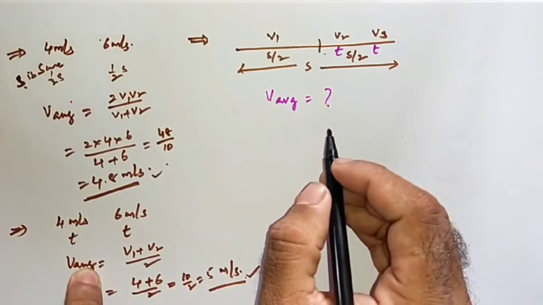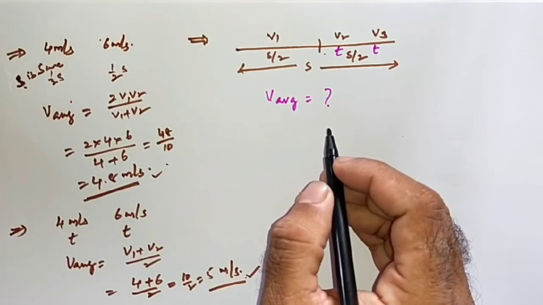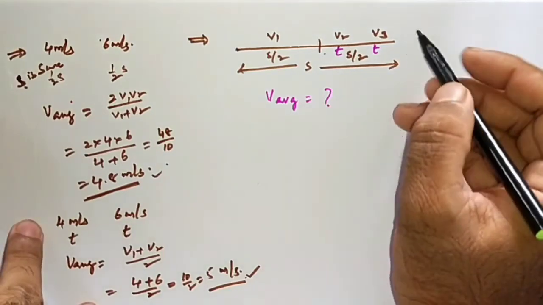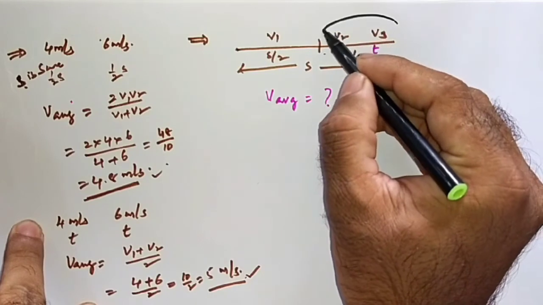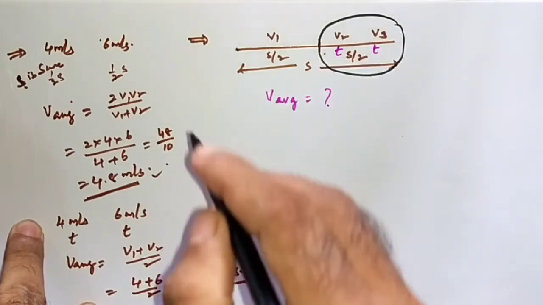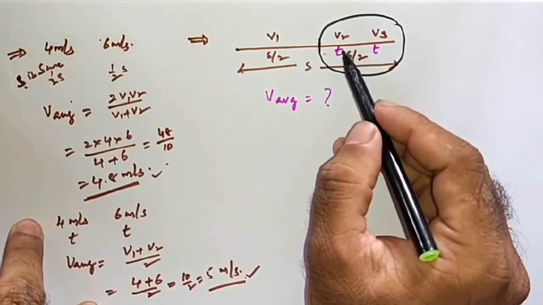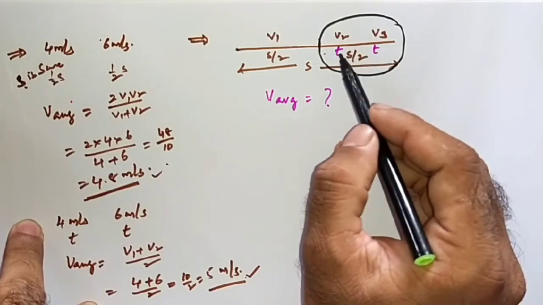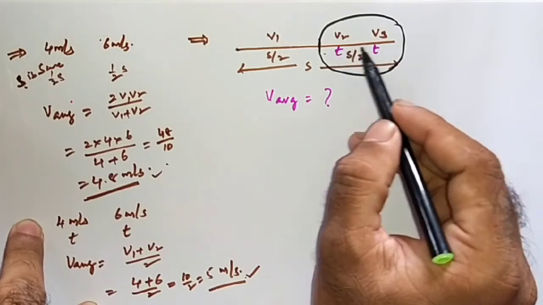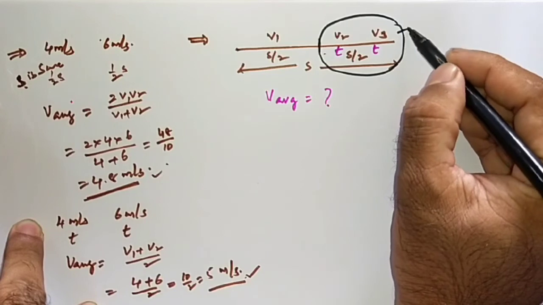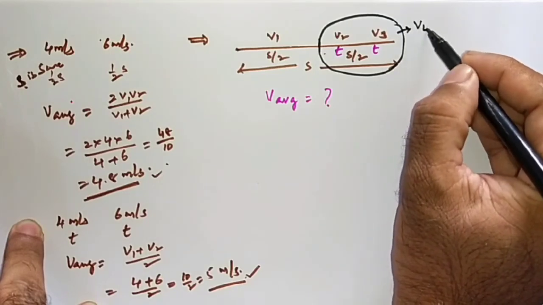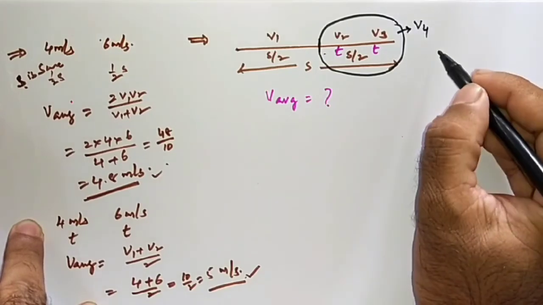In this case, it's very simple. First you calculate the average speed for this part. In this part the body travels in equal intervals of time, t and t. Let us take this total as v4. Then what is v4?